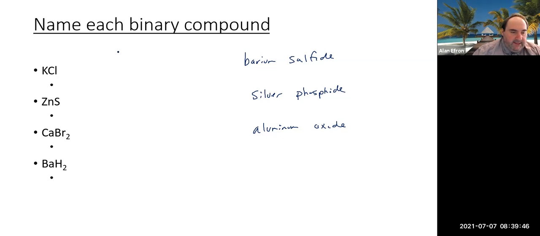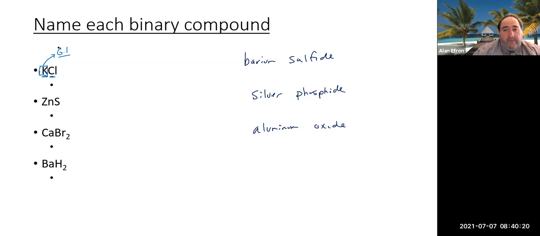Okay, let's take a look and see how we're doing. So again, the first thing you want to really look at is what you're dealing with. So hopefully when you see the K, you recognize that as a metal. Cl is a non-metal. So automatically know it's an ionic compound, which means always when you have a metal and non-metal, it is the metal that is the most important. And when we see the K there, we know that it is group 1, which means it has a fixed charge, which then tells us it is type 1.